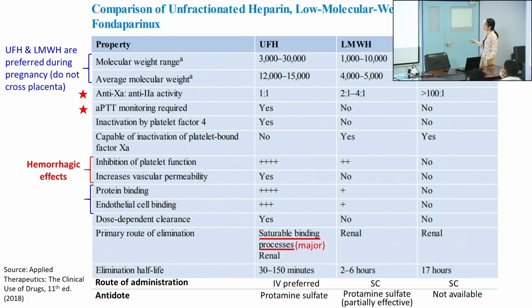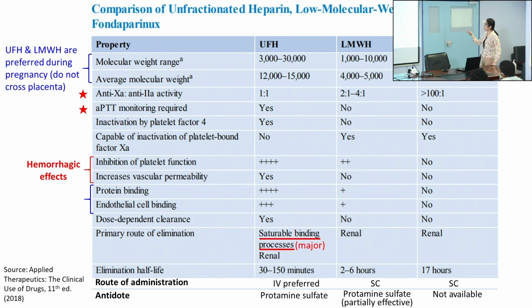And for APTT, okay, for warfarin, we monitor INR, and INR comes from prothrombin time. And for heparin, we monitor APTT. When we use unfractionated heparin, we have to monitor APTT. However, what is good about using low molecular weight heparin and fondaparinux is that there's no need to monitor APTT.